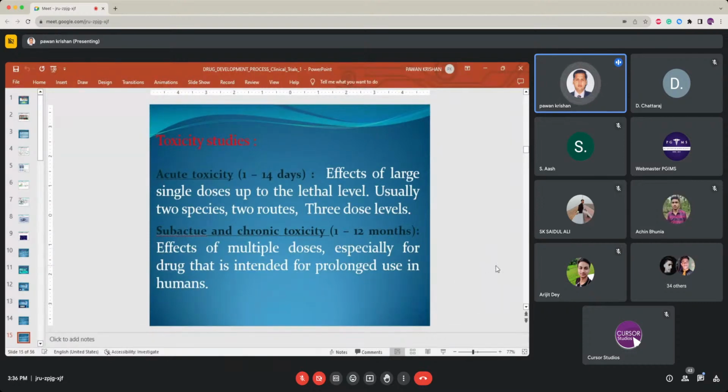In this, a single dose is given, but the effect on the animals is monitored for 14 days. The single dose of drug is given to two species of animals, basically one rodent species and one mammalian species, and you have to use two routes of administration for every species and three dose levels for every route and species.